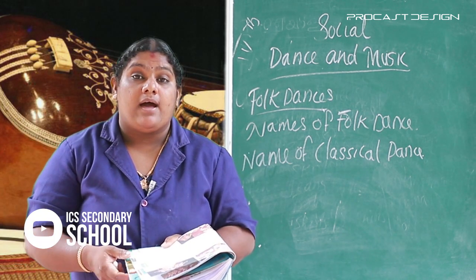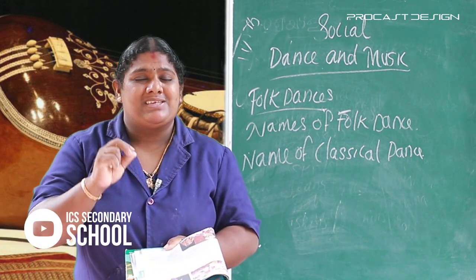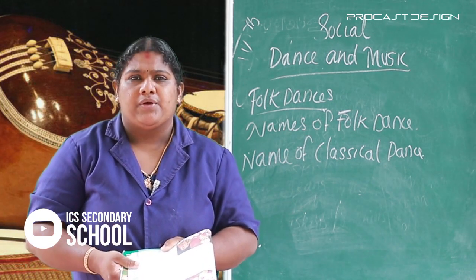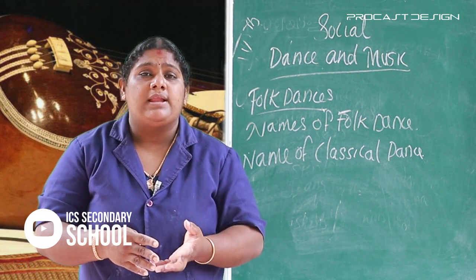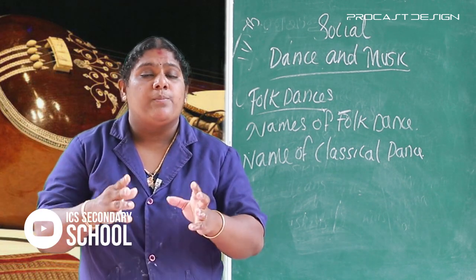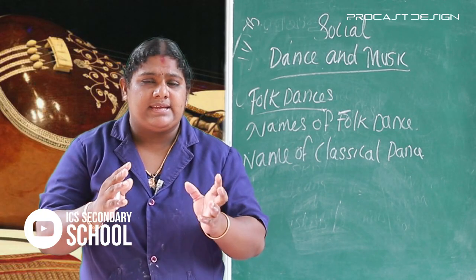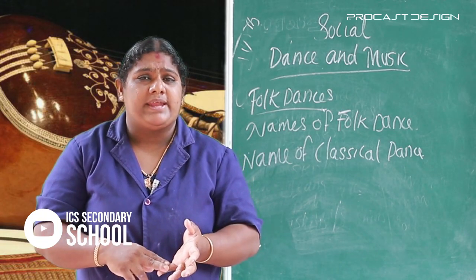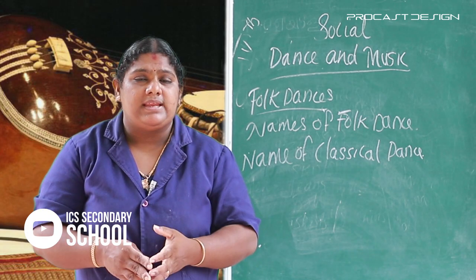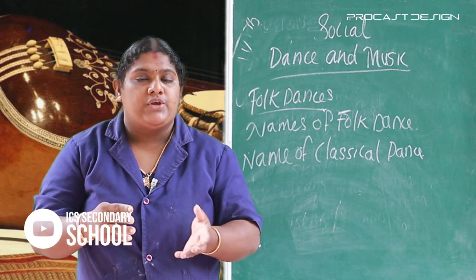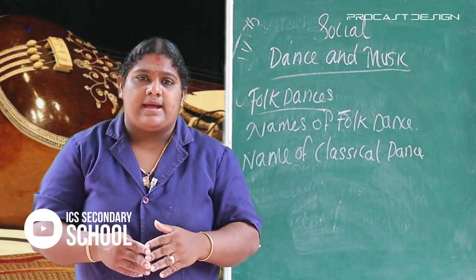So, you write the important singers in India. You studied well. We already studied two types of classical music, classical dance, and the names of classical dances. Two styles of music in India, Hindustani and Carnatic.